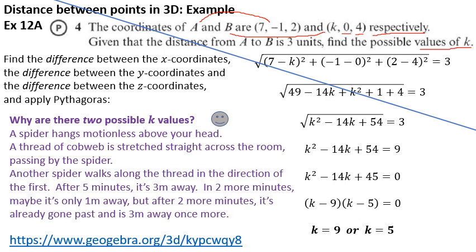And then we're going to have another spider which walks along that thread, and what we're asking is, well, at which point is it exactly 3 units away from the original spider? And if you're looking carefully at that diagram, hopefully you can see that as that spider moves along, there are going to be not 1 but exactly 2 places where the distance matches any particular value.